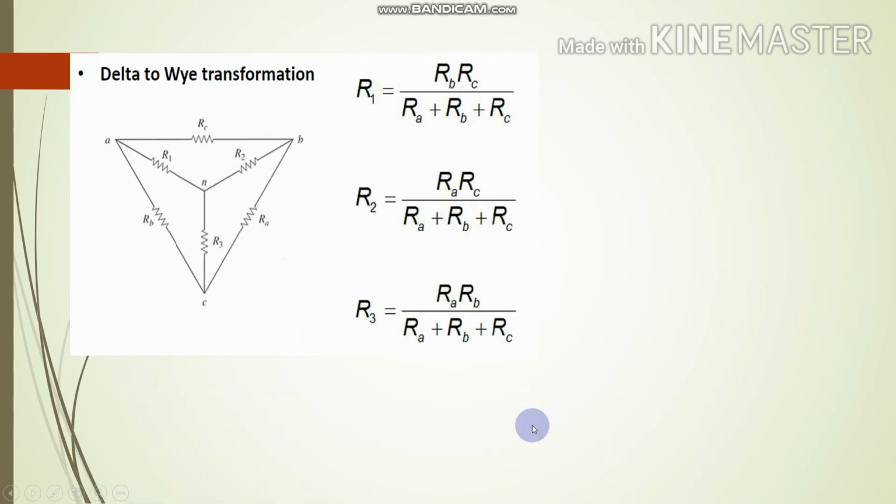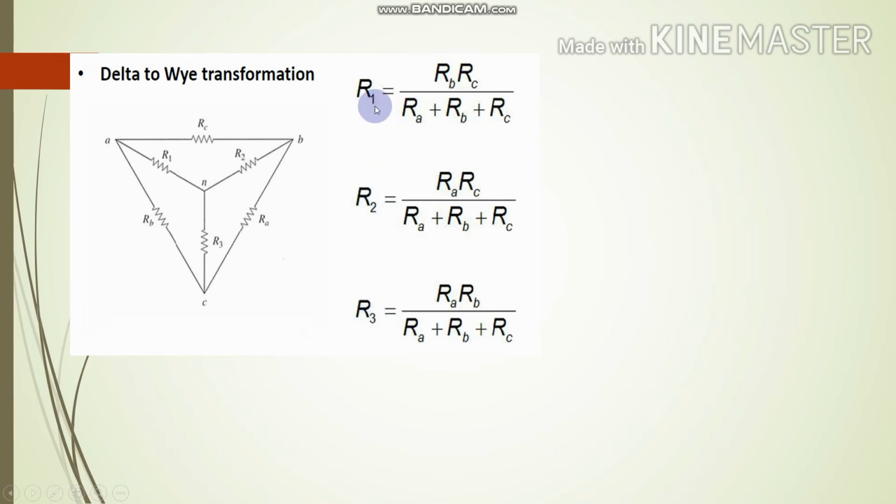This is the formula if we want to change from delta to Y. First, we want to find R1, R2 and R3.